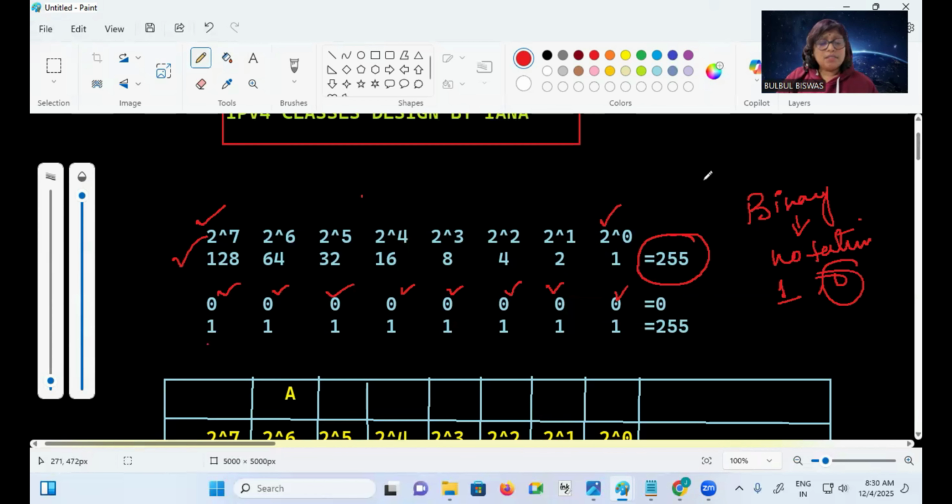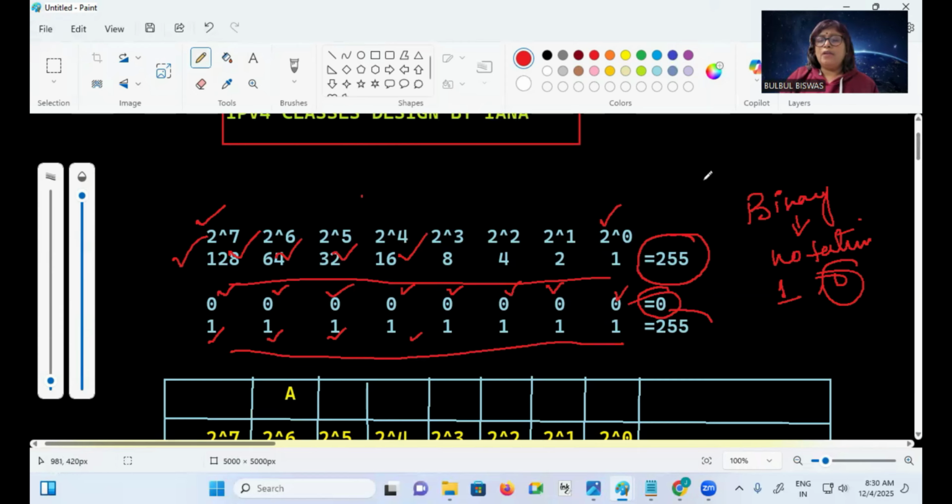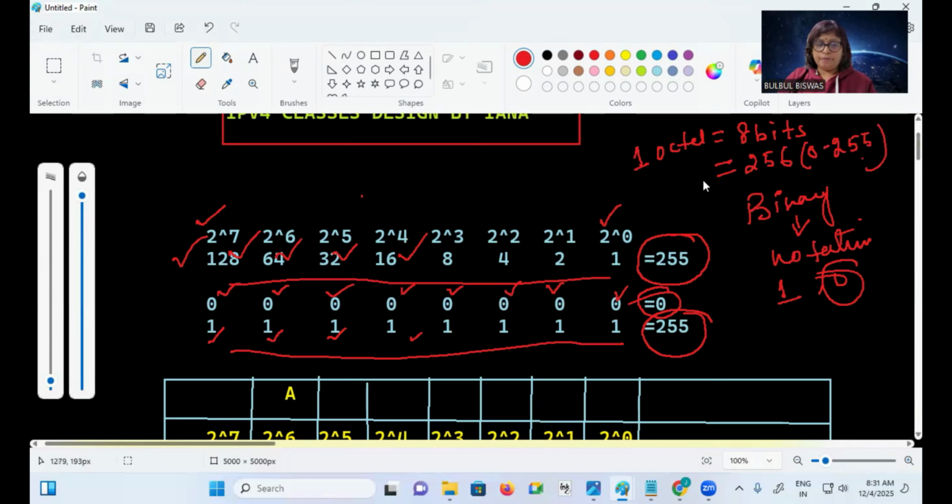And if you want to consider those values, then please put 1. So if we put all bits as 0, then the decimal value is 0. And if we want to consider every value, then we put 1 1 1 and the value comes as 255. That's why previously I also told you one octet means 8 bits in binary, equivalent to 256 in decimal, meaning 0 to 255.